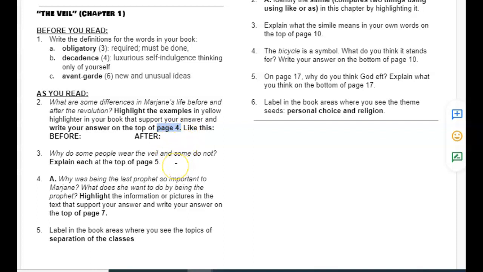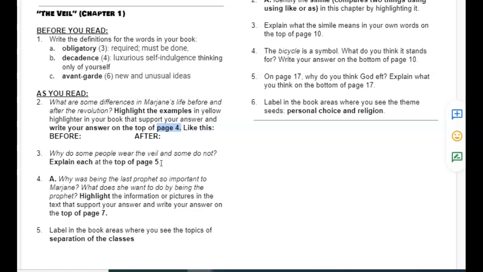And when you finish reading page 5, there's a question that says, why do some people wear the veil and some do not? You're going to put your answer at the top of page 5. So what you notice about this is as you're reading, you are making these notes in your book. You're writing it directly into the book. And it tells you specifically where to write it.